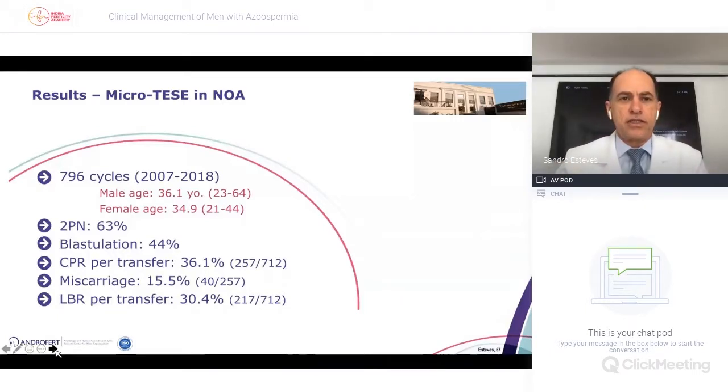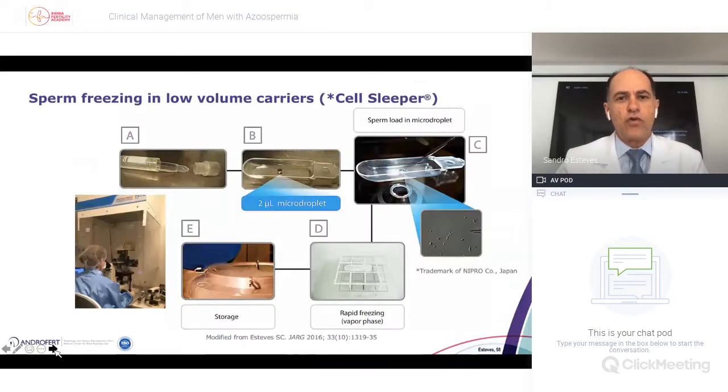What we have implemented recently was sperm freezing using low volume carriers, in which basically we don't use the conventional freezing protocol because you might lose sperm after thawing. There are few sperm, you dilute too much, it's going to be hard to find sperm, and even motility could be compromised.